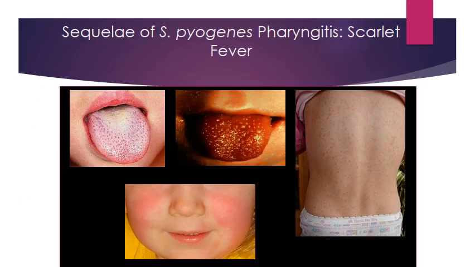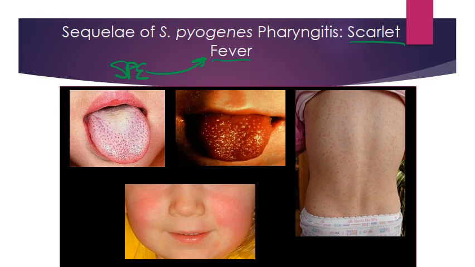Okay, so here's another thing that can happen with strep throat. Remember when we were talking about the toxins and I mentioned there were those SPEs? One of those SPEs leads to a particularly nasty form of pharyngitis that also causes a rash across the body, and that's known as scarlet fever.